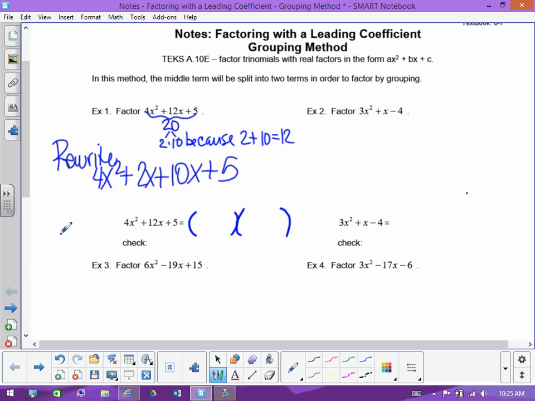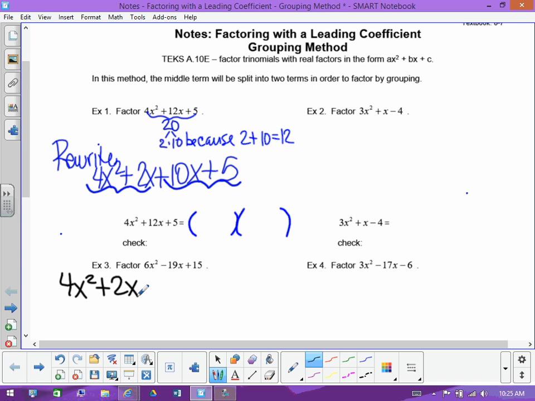So now we want to factor by grouping. This is where you may want to get a little piece of notebook paper, something out to the side. So if I'm over here at the edge and I want to find out how to factor 4x squared plus 2x, this was the greatest common factor that we did. What's the common factor of 4x squared and 2x? x and?